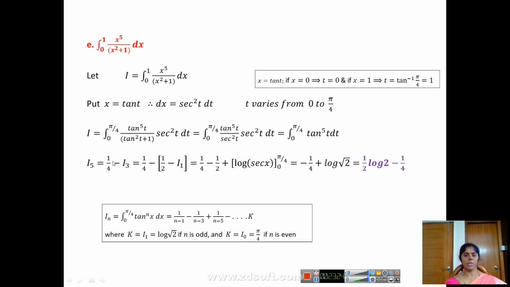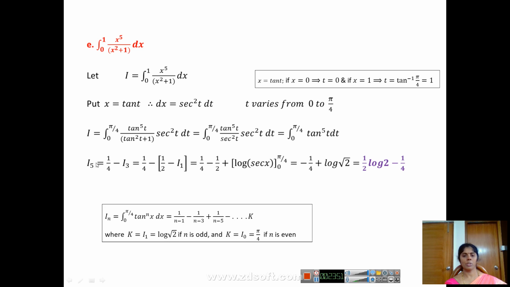So then we are having the formula, I_n is equal to integral 0 to pi by 4 tan to the power n of x into dx is equal to 1 divided by n minus 1, minus of 1 divided by n minus 3, plus 1 divided by n minus 4, minus up to k. Here the term is given as n is equal to 5. So the last term is the term as log root 2.